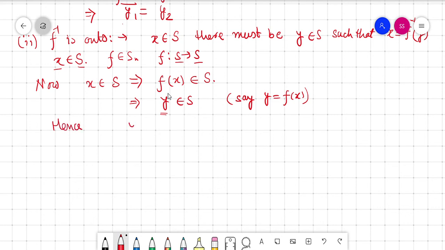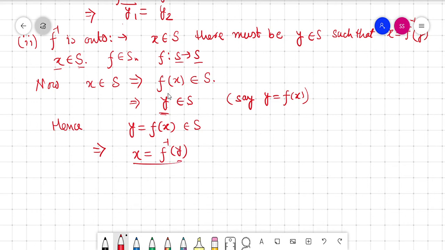Hence, y is equal to f of x, and you can see this y is an element of S. And by definition of inverse mapping, if y is equal to f of x, then this x must be equal to f inverse of y, and that is what we want. So we have shown that if x is an element of S, then we can find a y, the image of x, such that the inverse image of y is x.